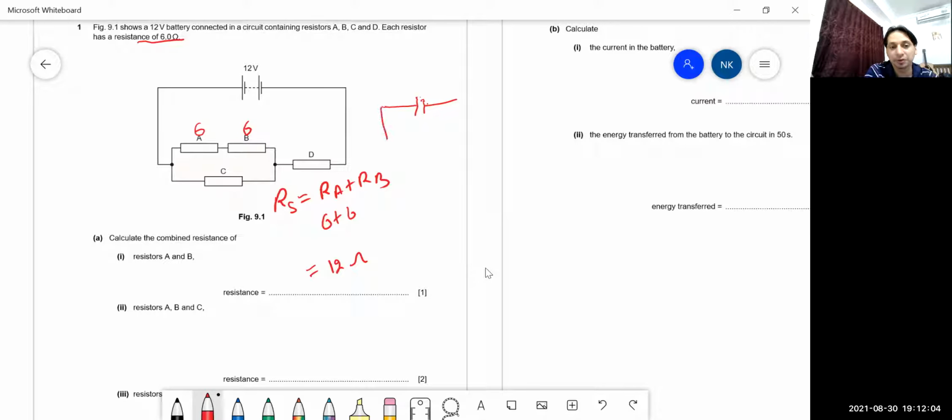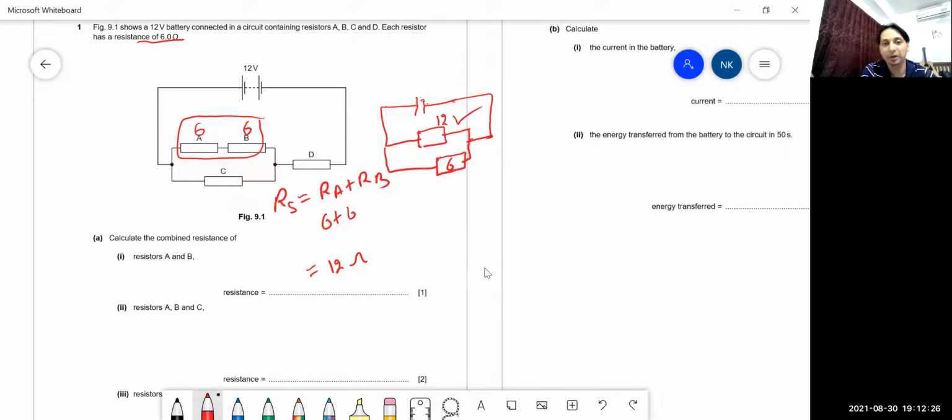This is our 12 ohm resistor, and below it we have C, which is again a 6 ohm resistor. You can rearrange the circuit diagram, and you will find the total resistance of A and B, which is now 12, and this 12 and 6 are in parallel.